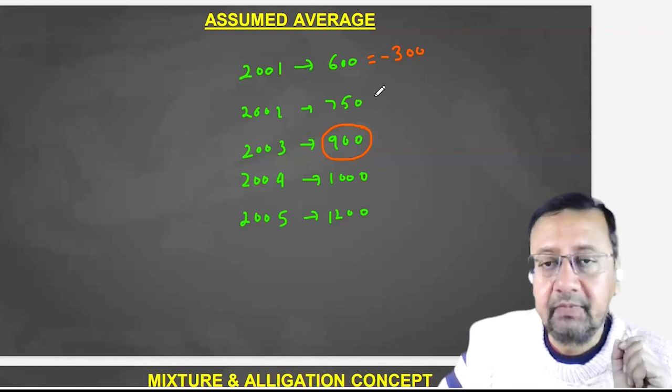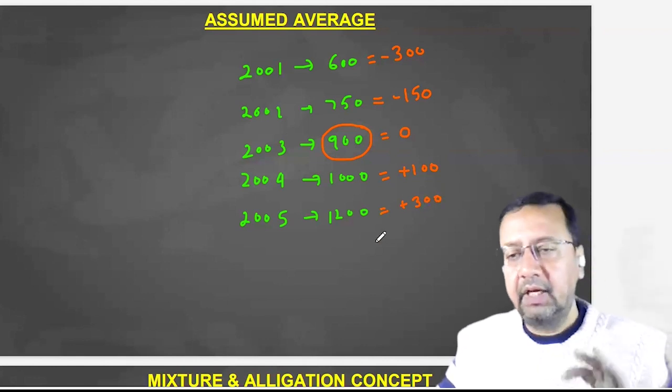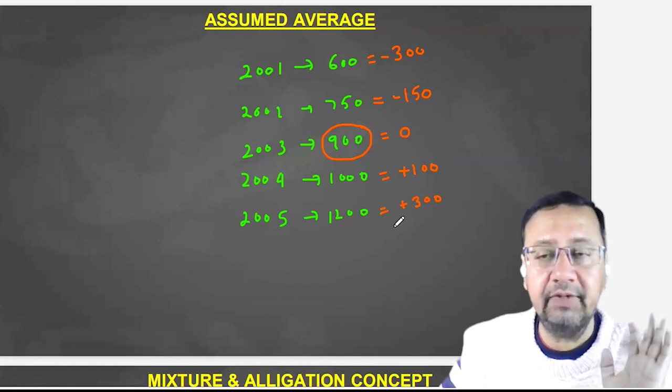For this it is minus 150. For this, 0. For this, plus 100. For this, plus 300. So write the differences from your assumed average.